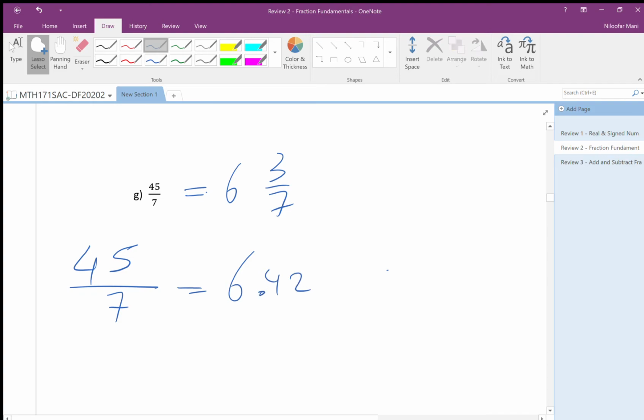So I have many digits after the decimal, so I don't even think about them. I just write 6. And what is left? 45 minus 6 times 7, divided by 7, which is 6, 3 over 7. Done. Okay.